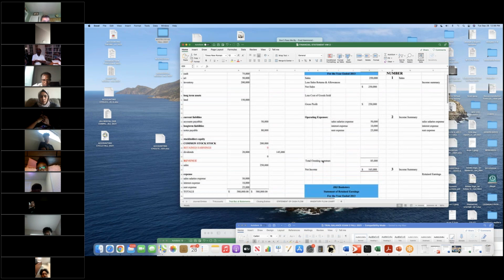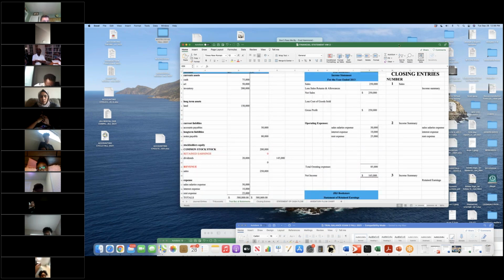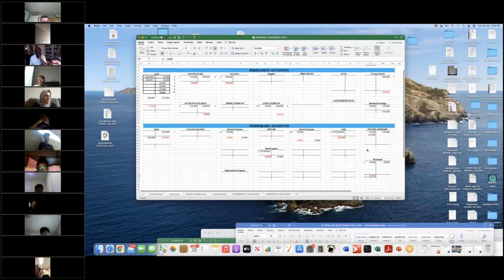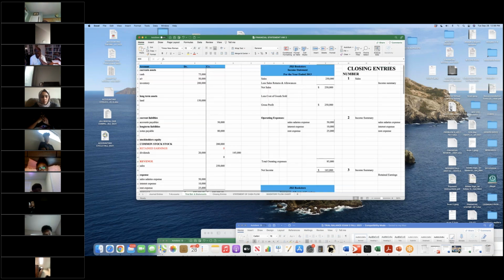except what we got to do now, what do we got to do now? Make some closing entries, because every account below this line has got to have a 0 balance. So we've got to make closing entries. And I just set them up.